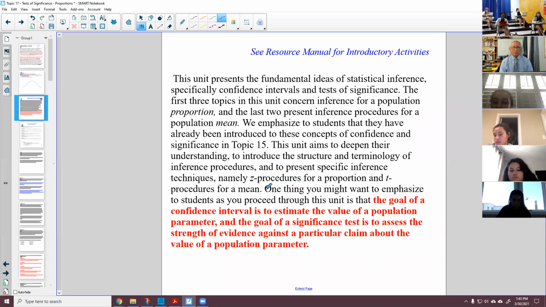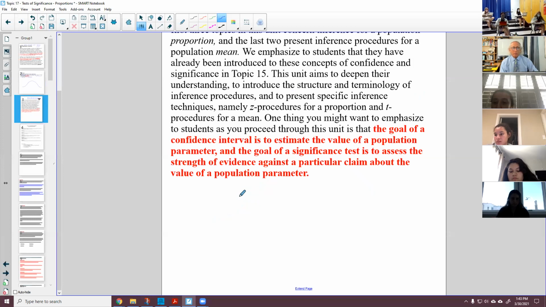Okay, this is an awkward sentence here, but it'll express the difference between a confidence interval and a test of significance. When we're trying to find a confidence interval, that is chapter 16, topic 16, we're trying to find two values between which we are confident that our population parameter lies.